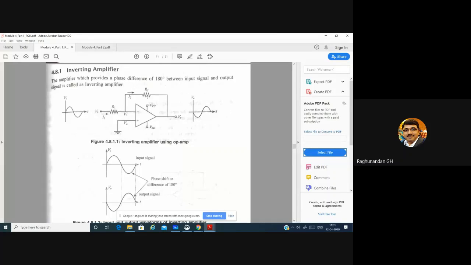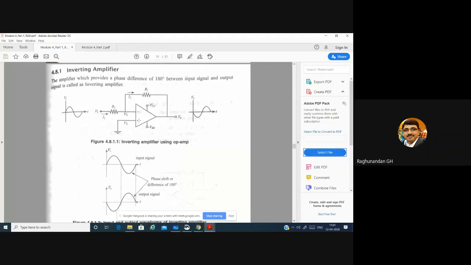The inverting amplifier, as you know, the input is given to the inverting terminal and the non-inverting terminal will be grounded. And also in this application, or in the op amp, the virtual ground concept is very, very important.